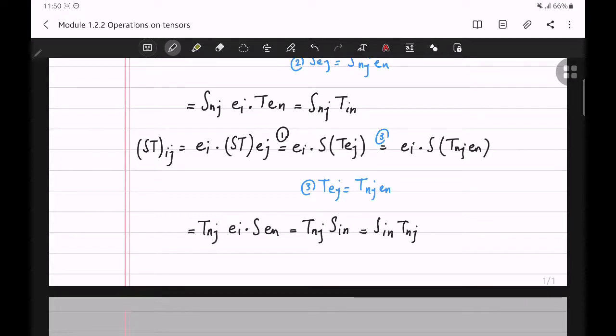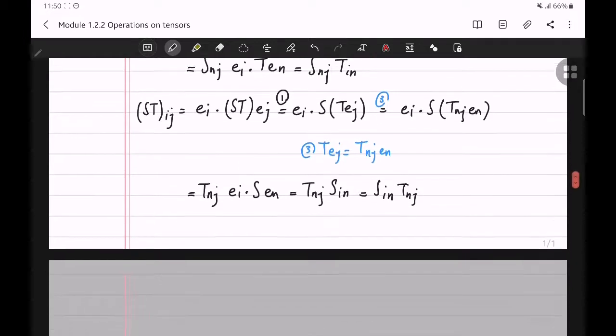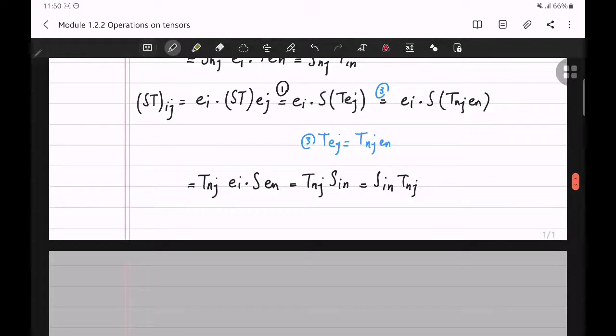It doesn't make a difference if you rewrite them in a way that S comes first or T comes first, so you can easily swap them.